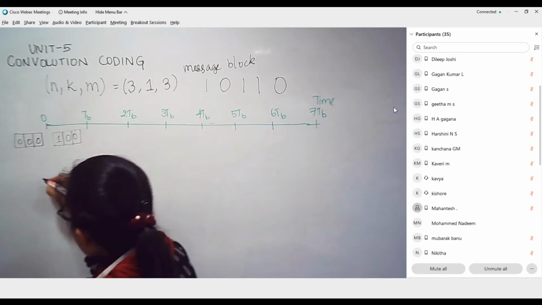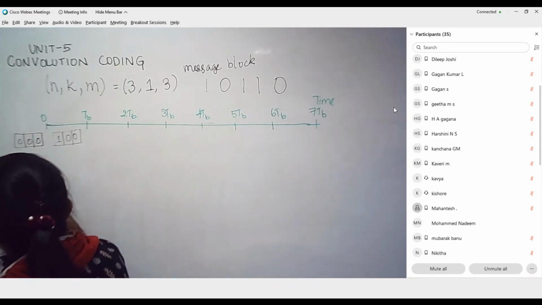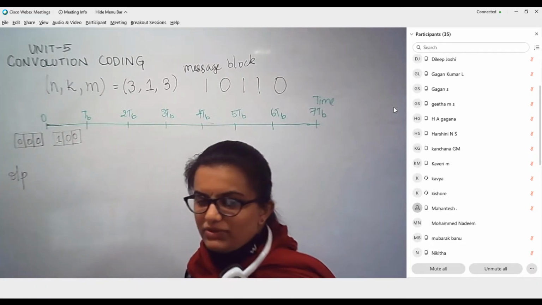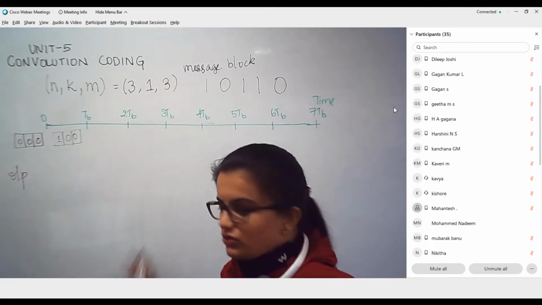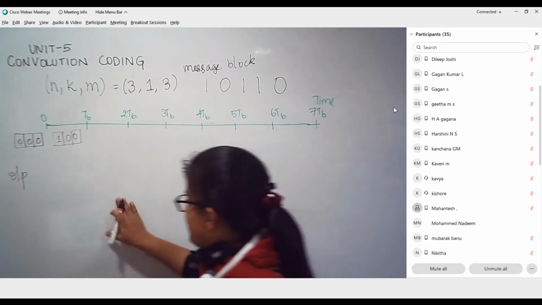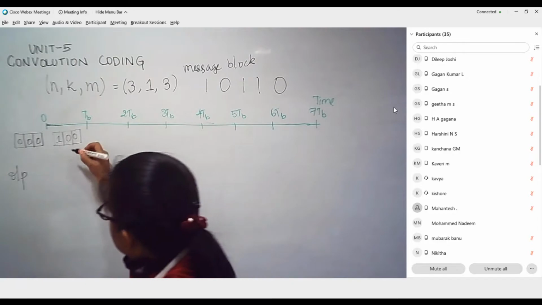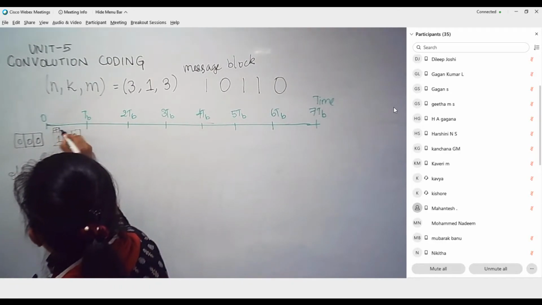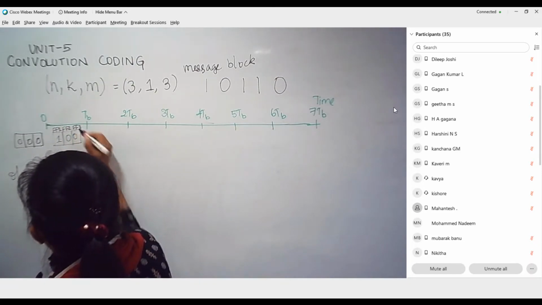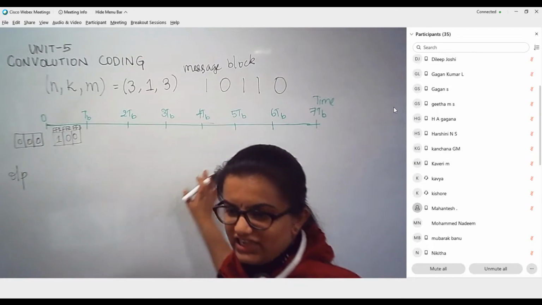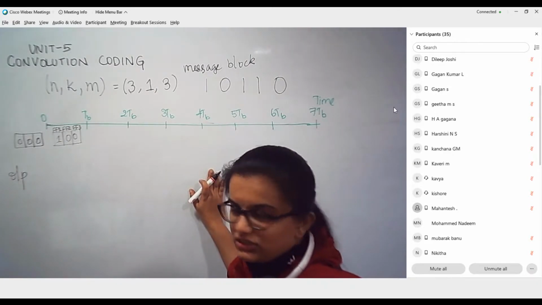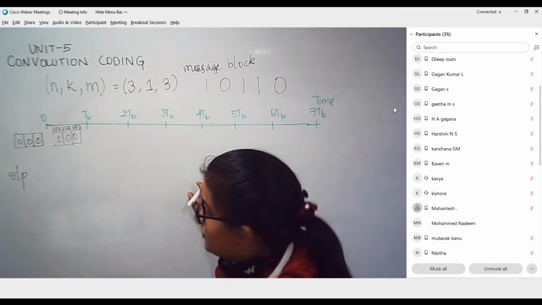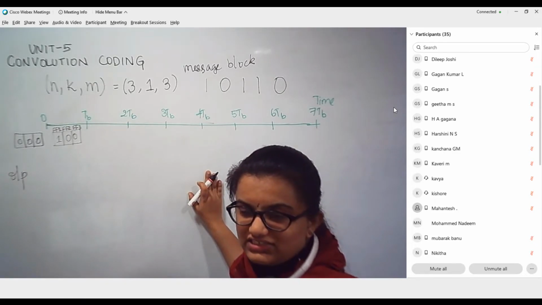What will be the corresponding output? You people have to tell me. You have written the circuit, no? I have erased the circuit, so you need to help me out. This is the output of FF1, FF2 and FF3 at the end of the first clock duration. Now you tell me what will be the output. 1, 1, 1. C1, C2, C3.